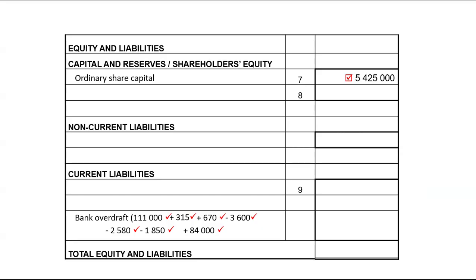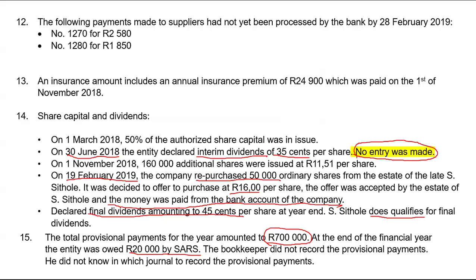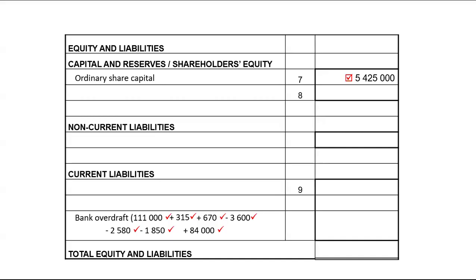Lastly, we made a payment of 700,000 Rand to SARS. That will normally reduce our bank balance. But because we have a bank overdraft, it will increase our bank overdraft, further putting us into negatives. That's all that affected your bank.